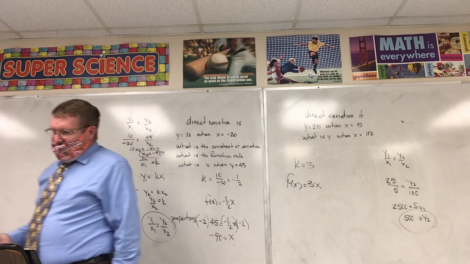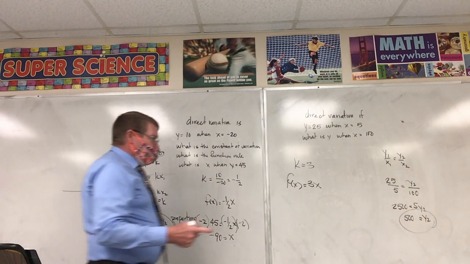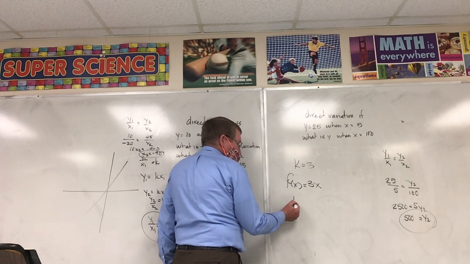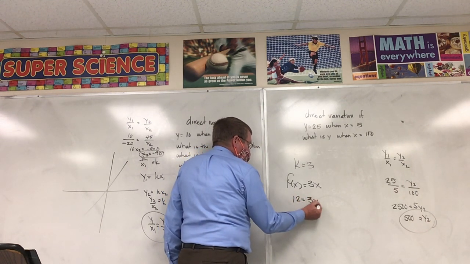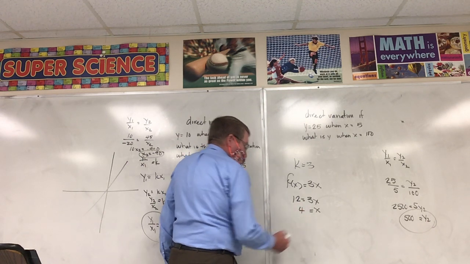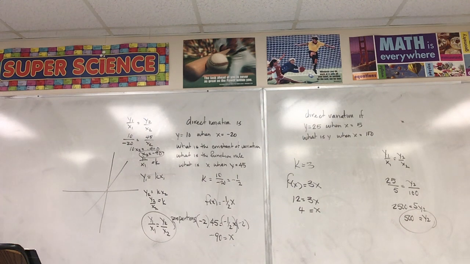Then they ask, find x when y equals 12. So where do I put the 12? 12 equals 3x, so x equals 4. Alright, so that's using the direct function rule.